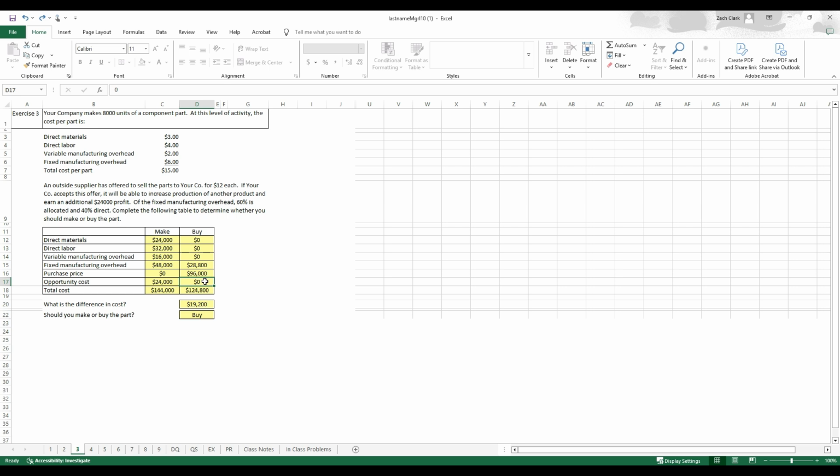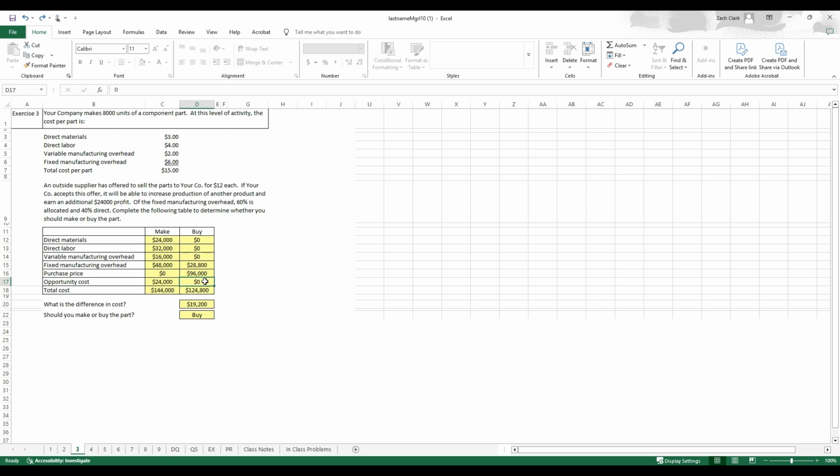And a lot of times when you're thinking about these kinds of problems, we think about the non-financial factors as well. In this instance, since we're basically increasing production, there's an opportunity to reallocate employee labor as well. The employees who may have previously been making these component parts could be put onto a different part of the production possibly.